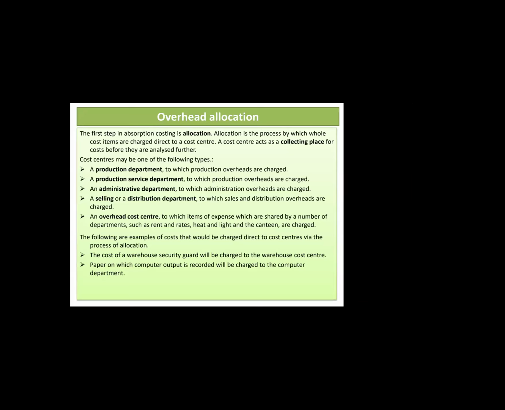The following are examples of cost that would be charged direct to cost centers via the process of allocation. The cost of a warehouse security guard will be charged to the warehouse cost center. Paper on which computer output is recorded will be charged to the computer department. In short, the expenditure which is related to a department will be charged to that division.